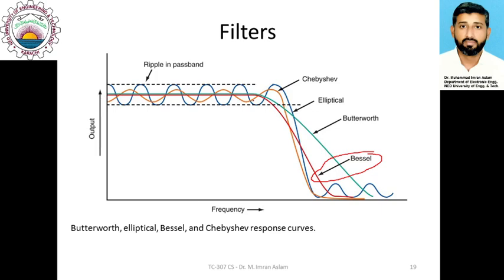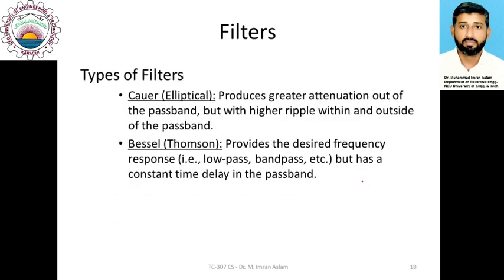You can see it has a large transition band, but it has smaller ripples here and smaller ripple here. But in addition to this, it has the property of providing a constant time delay in the pass band. So different frequency contents experience different delays when they propagate through this type of filter.